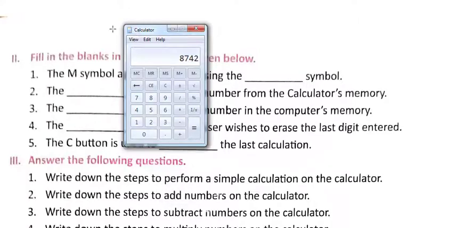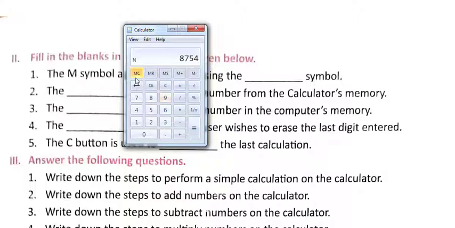See, I am showing you. Suppose I want to store this number 8754 in the memory. So I will press MS button. Now this number has been stored in the memory. Now to see which number is stored in the memory, we will use MR button. See, it shows 8754 is stored in the memory.